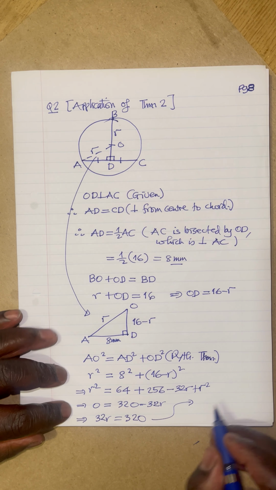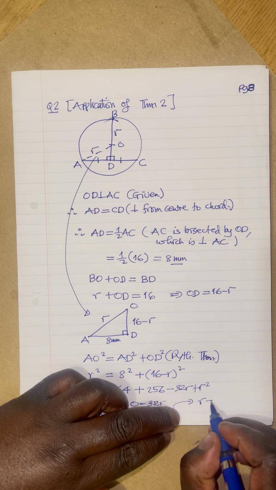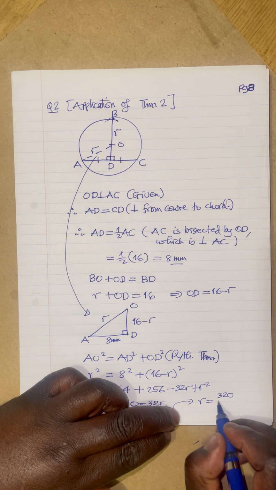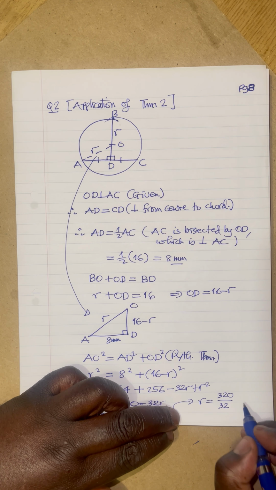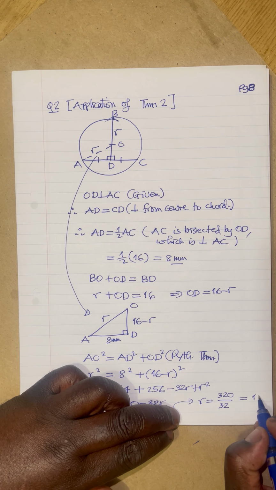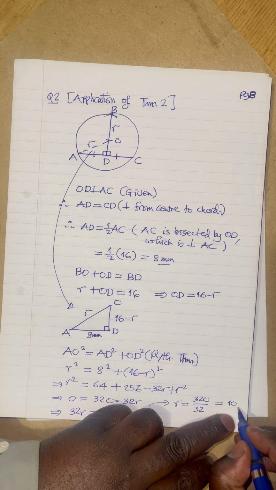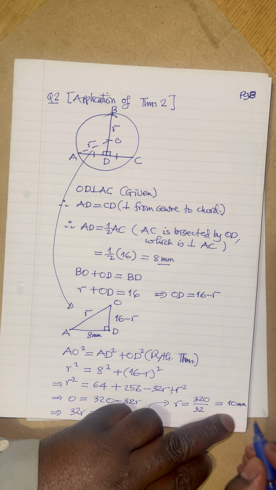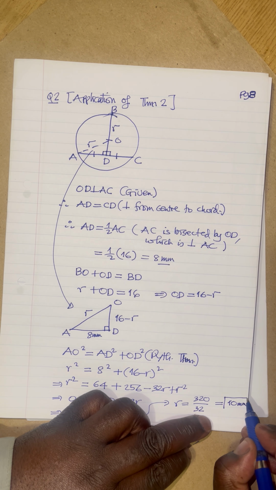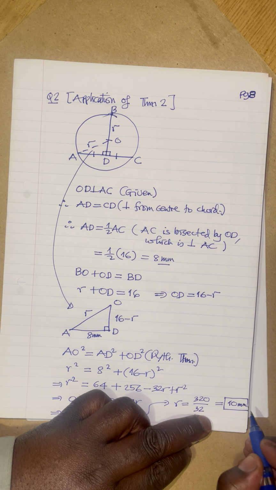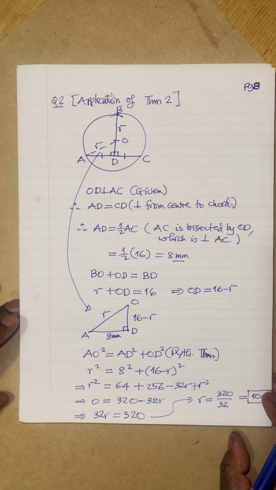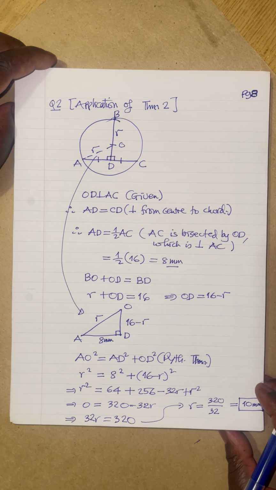Dividing by 32 both sides, you'll agree with me that R is going to be 320 over 32, and the answer is 10 millimeters. Remember the unit we have? 10 millimeters. So that would be the radius of this circle. With reasons, that's how you go about it.